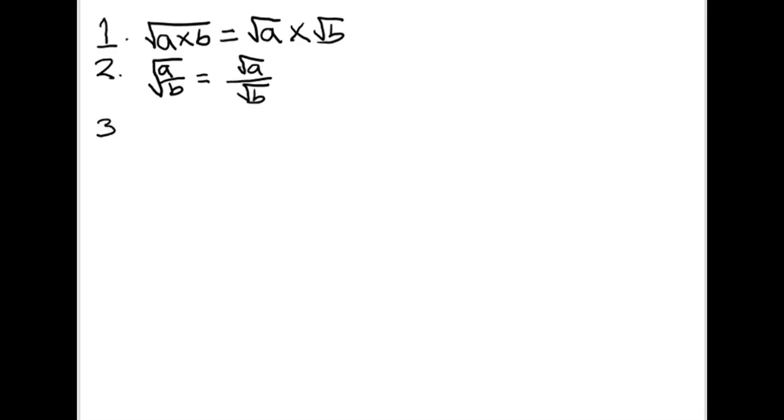And then the third law is rationalizing a surd expression. b all over the root of a is equal to, rationalization simply means removing the radical, that's removing the root of the denominator.